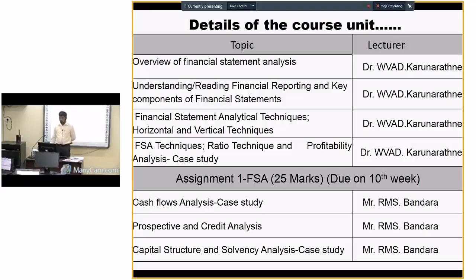Then again we can see a case study. By using the case study, that means by using financial statement analysis and the annual report, we can analyze them, compare with other organizations, and make some conclusions based on the results.